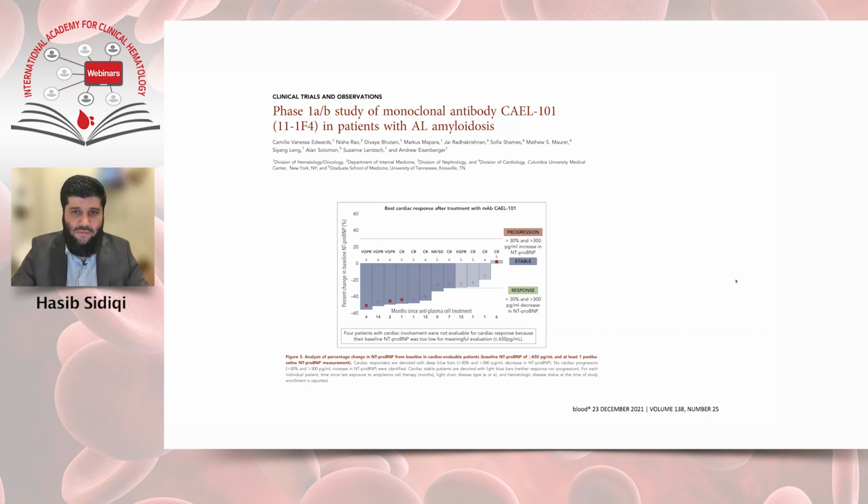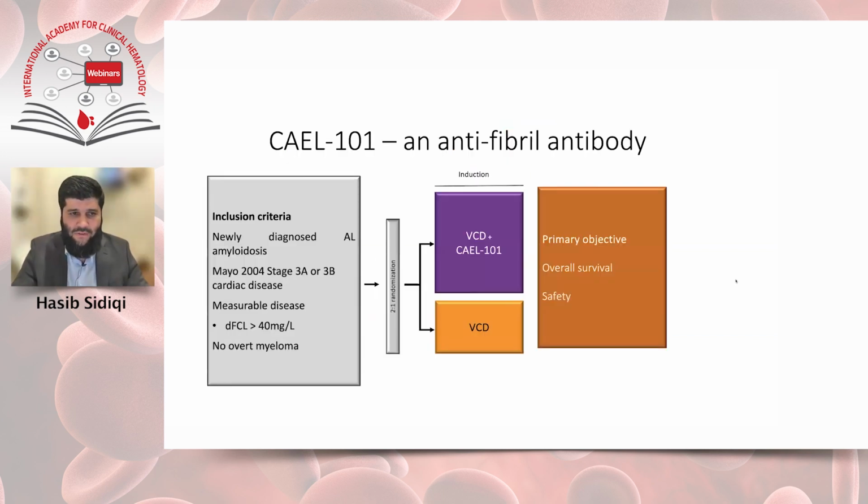And it is based on these results that the phase 3 clinical trial has been opened and is recruiting, looking at this agent in combination with bortezomib, cyclophosphamide, and dexamethasone as upfront therapy for patients with advanced cardiac light chain amyloidosis. So really, these are Mayo stage 3A, 3B patients. This is a placebo-controlled trial, with 2-to-1 randomization and a primary objective of overall survival.